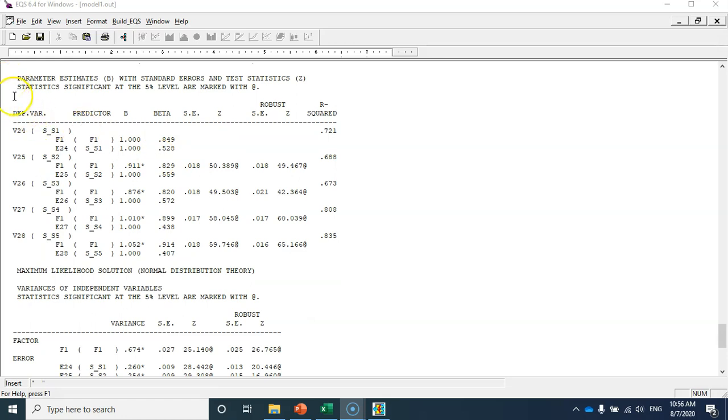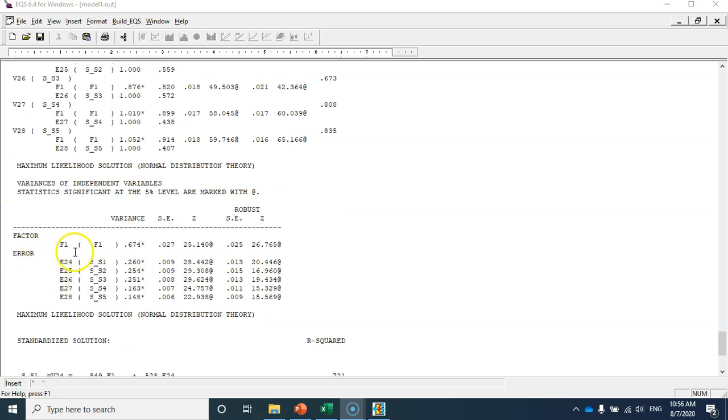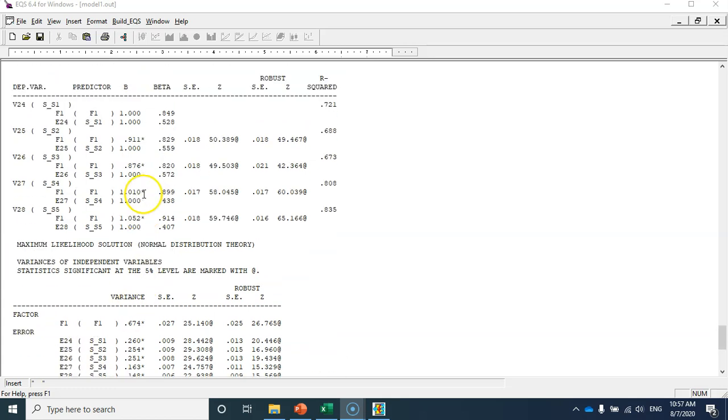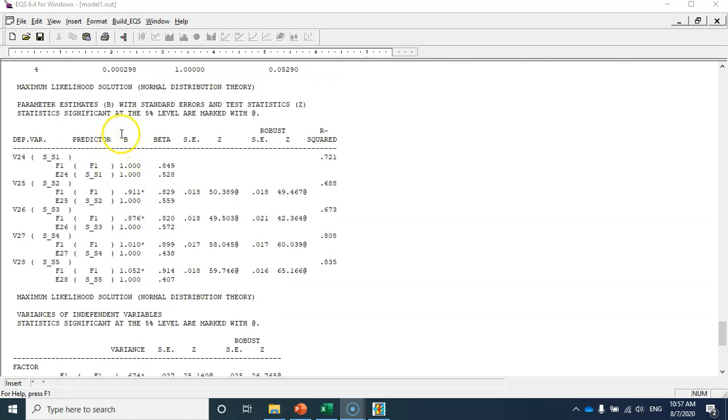Okay, and here you can see the parameter estimates, including the factor loadings for V25, 26, 27, and 28, and also the variance for F1 and the variance of these error terms, E25, 26, 27, and 28. Note that the unstandardized estimates are listed under B, and the standardized estimates are printed under beta.